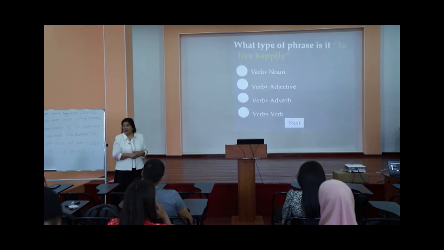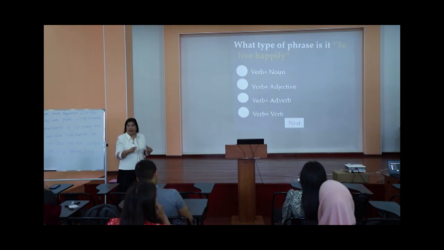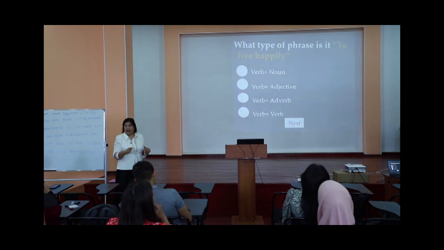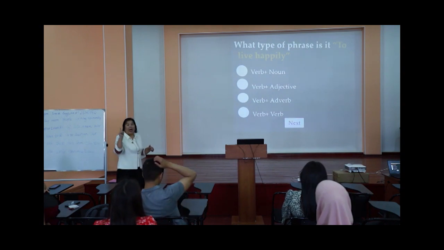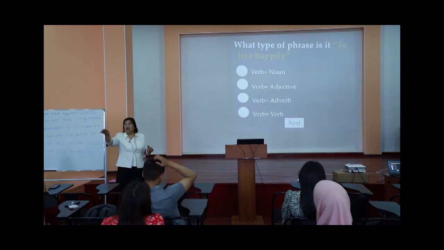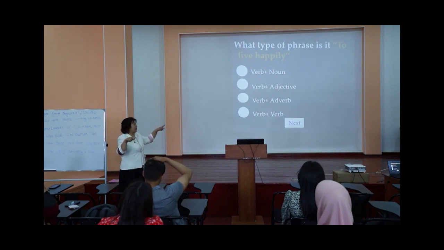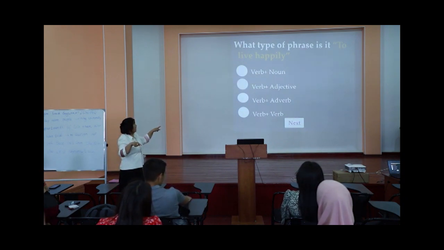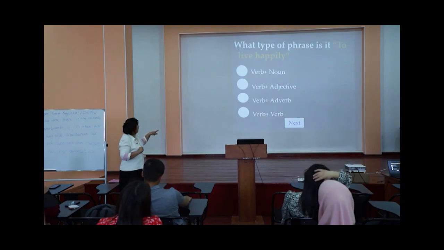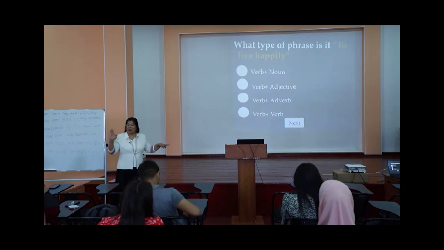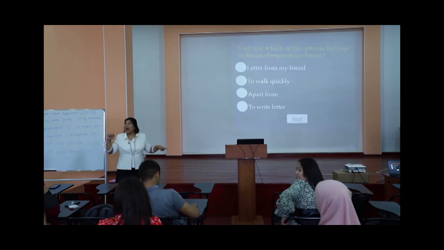How clever of you. What type of phrase is it, to live happily? Happily. Second one you prefer. So let's first check the second one. You were wrong. Third one. Okay, let's check. Good job. Happily, it is adverb.